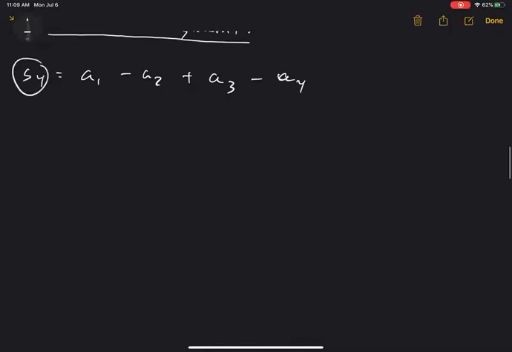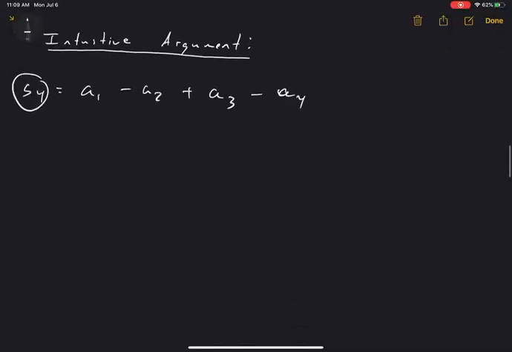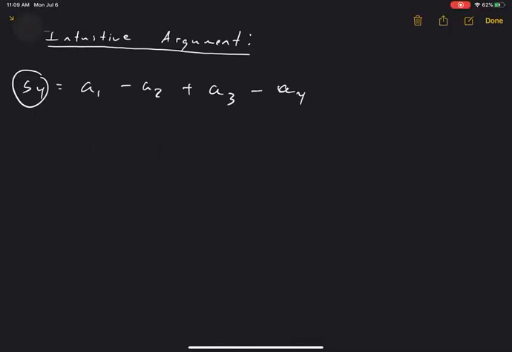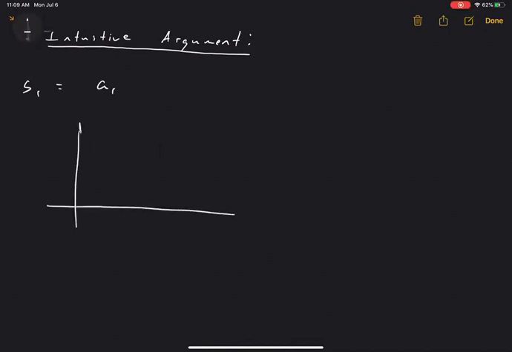So let's look at these partial sums here. In particular, let's start with S1. S1 would just be a1, right? And let's assume our first term is positive. So S1 would be here.